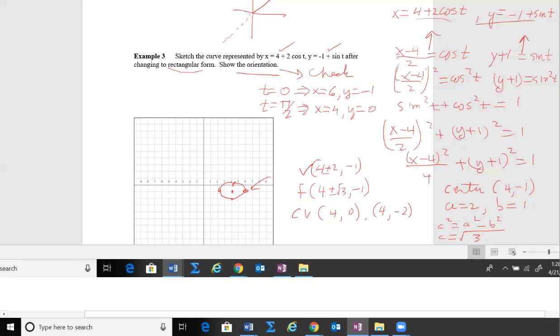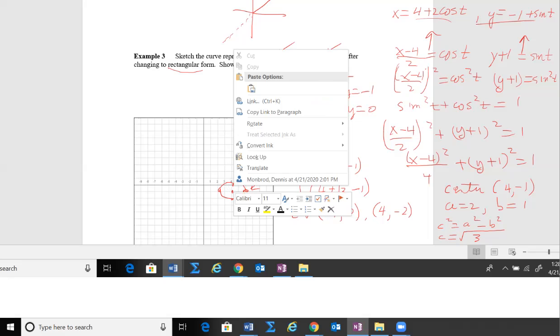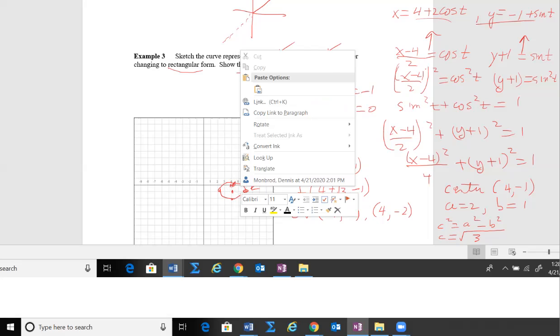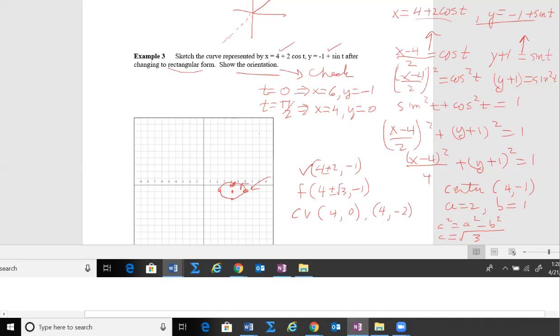So now we're over here at 4, 0. Okay, and we knew that point was there, but that shows us the direction now. It's coming around this way. You see my arrows heading that way. That's the orientation.